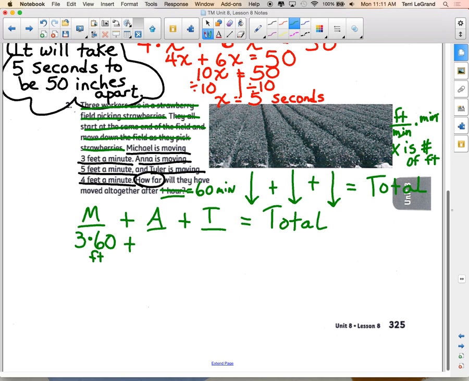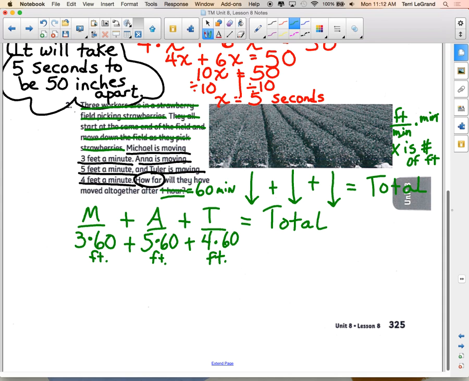Okay, how about Anna? What are we going to multiply? 5 times 60. And again, these are feet. Plus Tyler is moving at a rate of 4 feet per minute, so 4 times 60, and again that tells us how many feet Tyler moved.